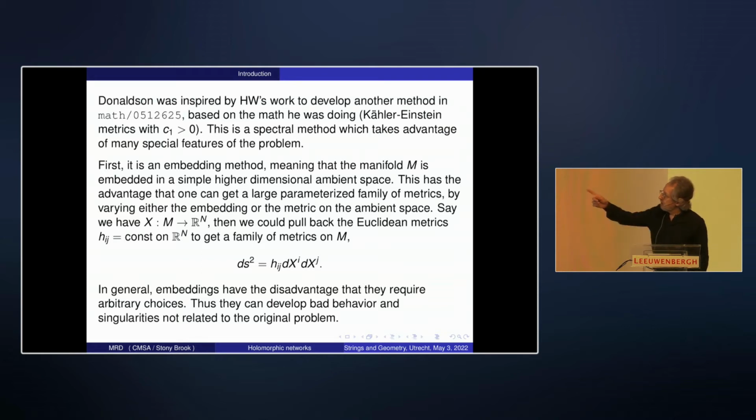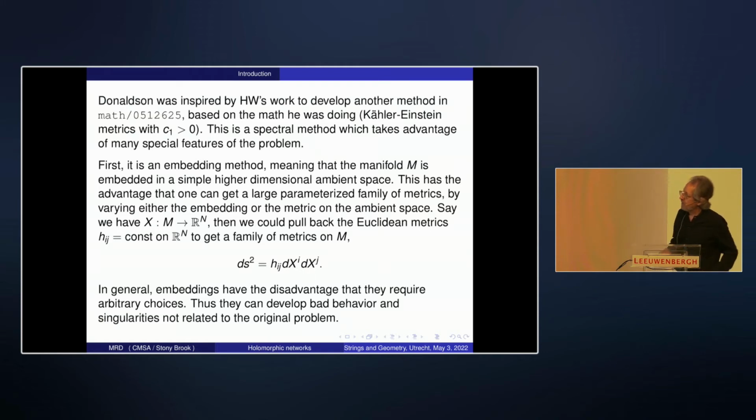It's an embedding method. What that means is that we're going to, first of all, describe the manifold not in terms of some sort of complicated simplicial complex, but by equations that embed it in a higher dimensional ambient space. And then, of course, if it's a Calabi-Yau, well, that's very good, because that's how we define the Calabi-Yau. That obviously saves lots of trouble.